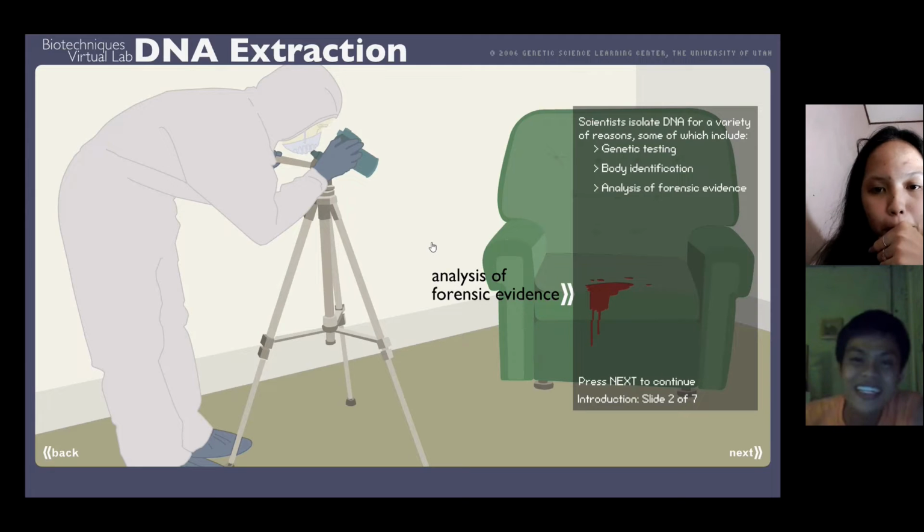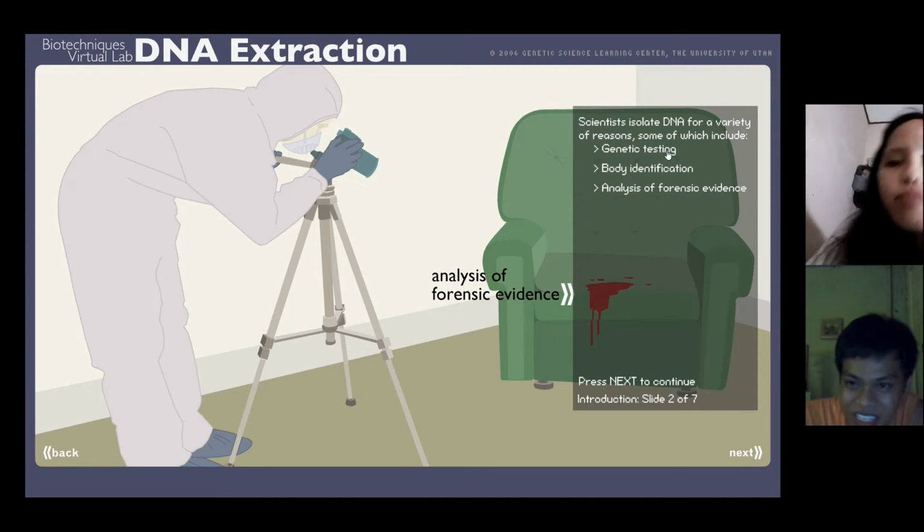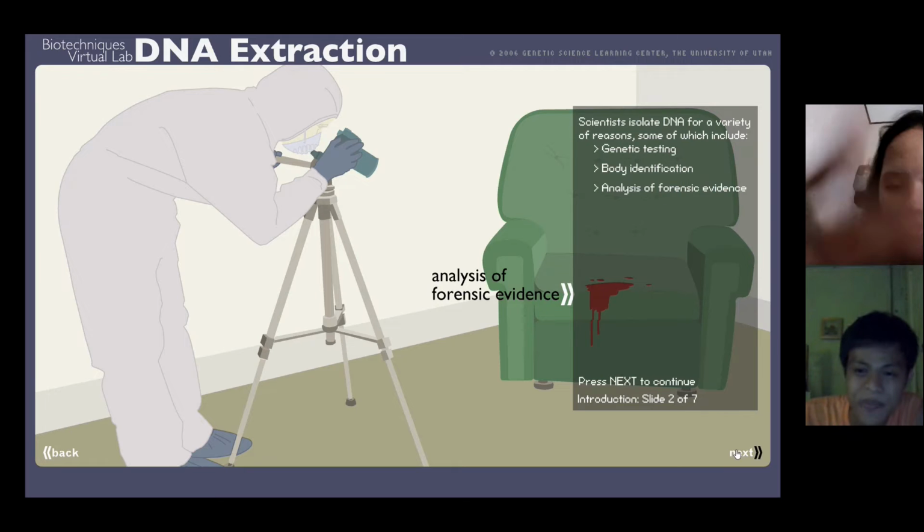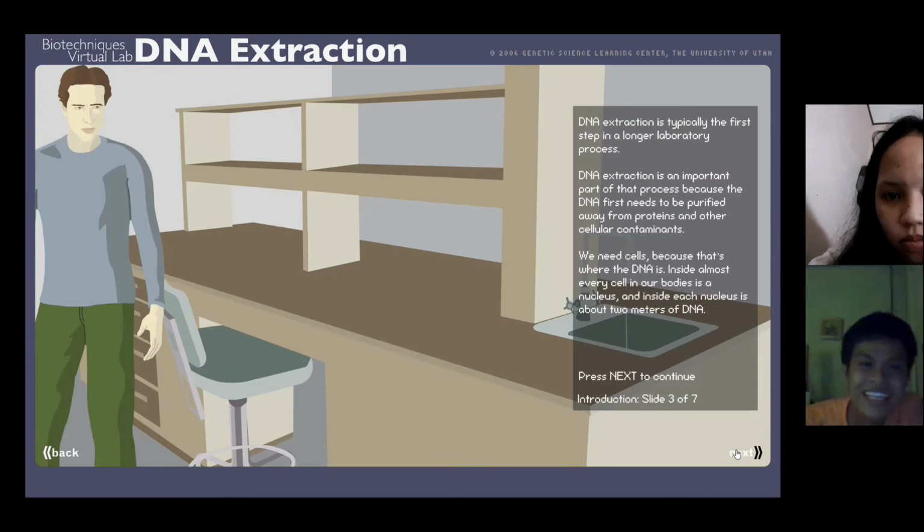Scientists isolate DNA for a variety of reasons, some of which include genetic testing, body identification, and analysis of forensic evidence. So, next slide.